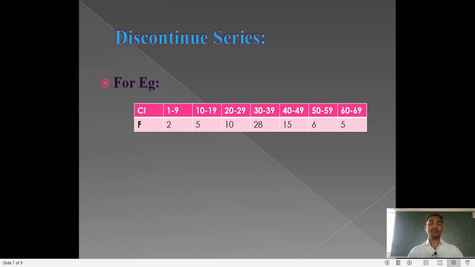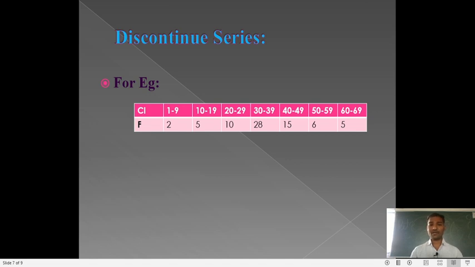discontinuous series. In the previous series we saw class intervals. Here also there are class intervals, but here the classes are not continuous. In the previous data series we saw 10 to 20, 20 to 30, but here it is 1 to 9, 10 to 19.